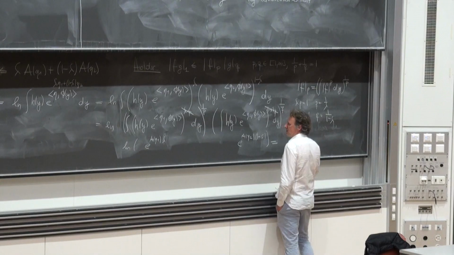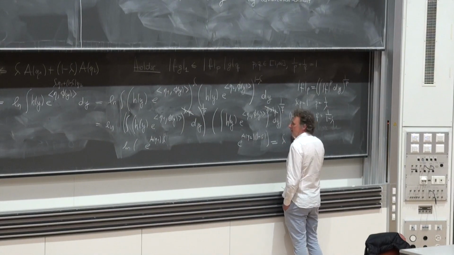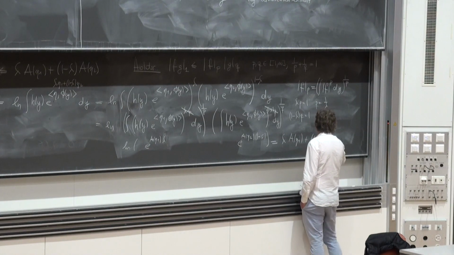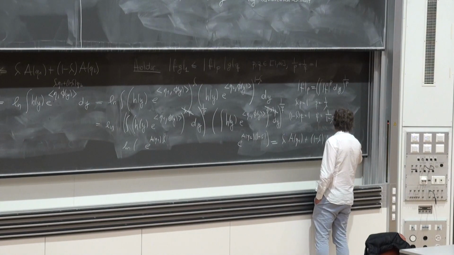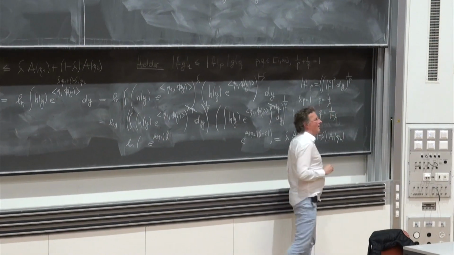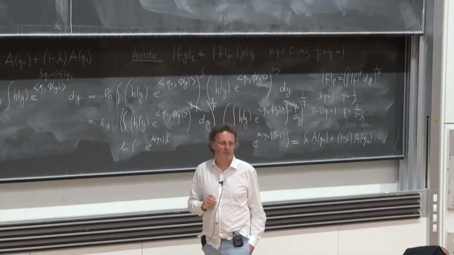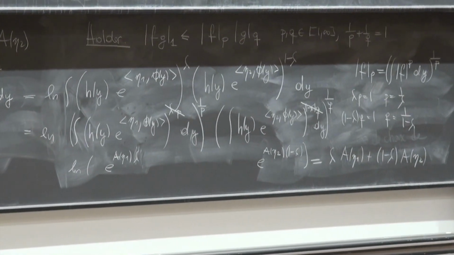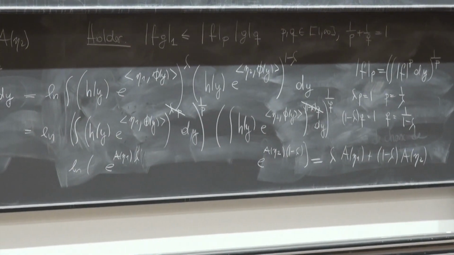And this whole thing is then just equal to lambda a of eta 1 plus 1 minus lambda a of eta 2. Okay? And that's exactly what we wanted to prove. Miracle. Applause. It worked out all nicely.